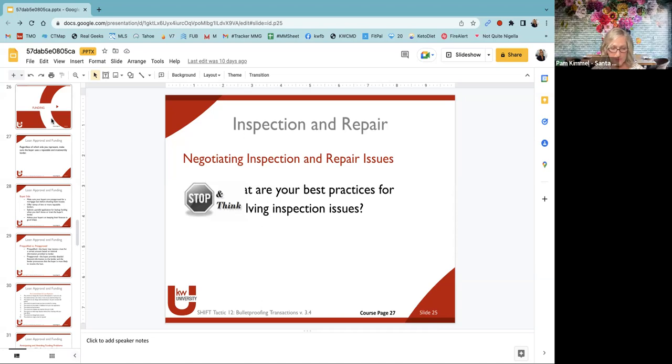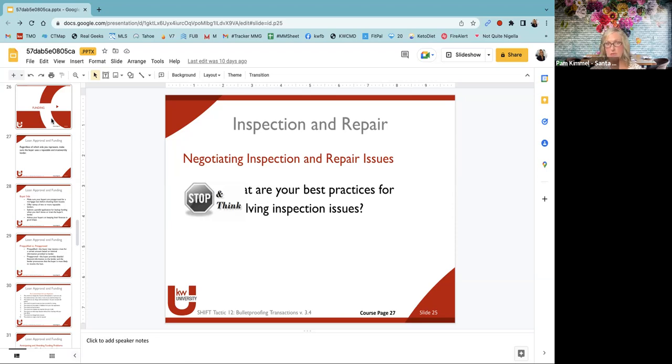If there are repairs needed, it goes back to this: we have to counsel the buyers on their repair options. They can put in a request for repairs, they can cover those repairs themselves, or the very last option is that they can cancel the transaction if the repairs are too much for them. Find out what the repairs will cost.